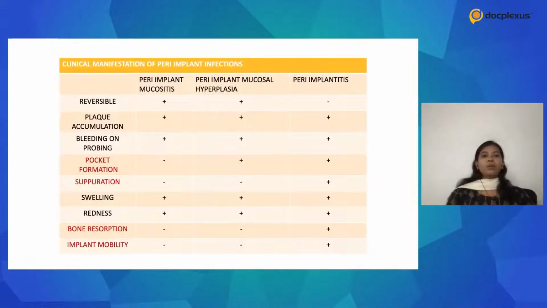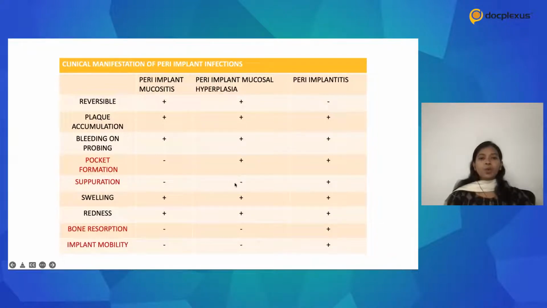To know in short, I can tell you that if there is pocket formation, if there is suppuration, if there is bone resorption, and if there is mobility, confirm it is a peri-implantitis case.